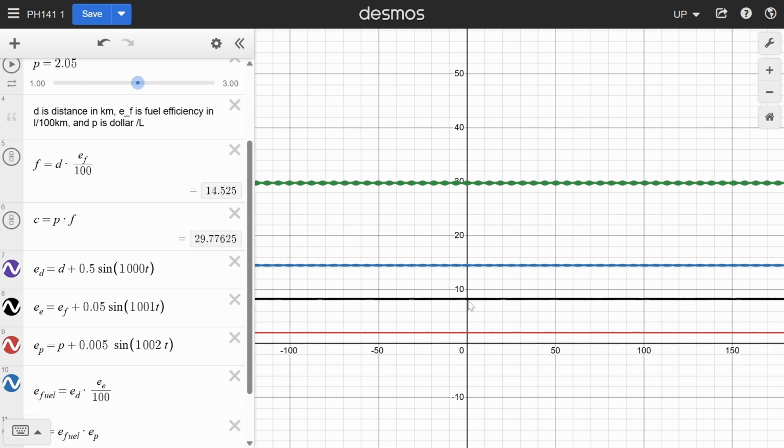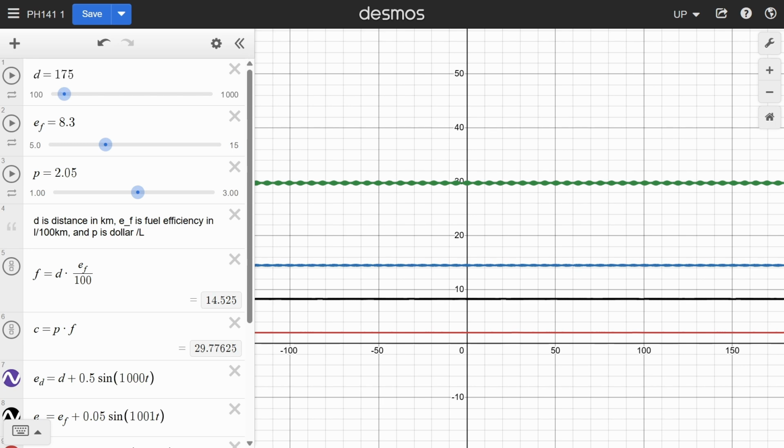But then if you try to compute the amount of fuel that you need, you find that, for example, if you have 175 kilometers for the distance and the fuel efficiency of 8.3 liters per 100 kilometers, you would find out that you need about 14.525 liters of fuel. But here's the thing.